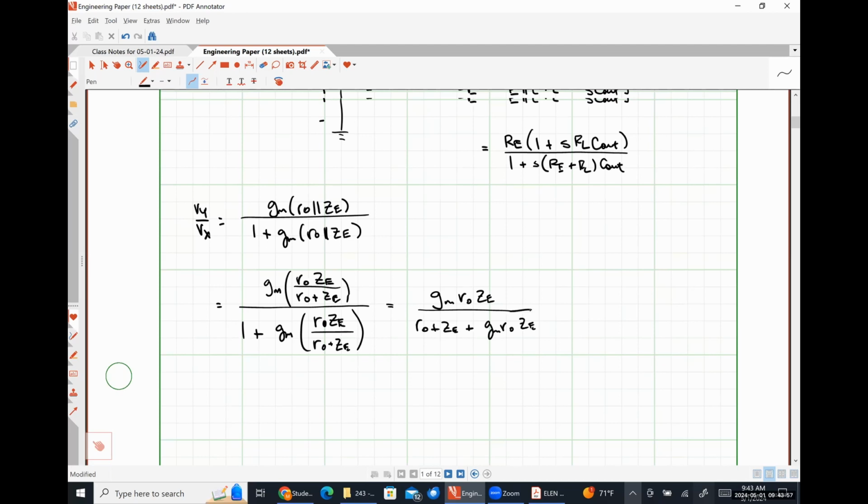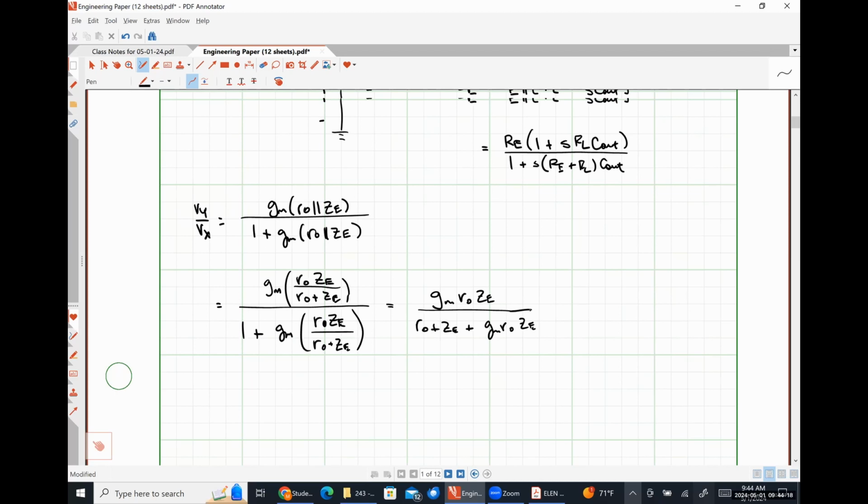So this would literally just be multiplying this one by R naught plus ZE over R naught plus ZE, canceling out the common denominator of everything, and then lumping stuff together, right? No huge amount of algebra going on there to get from this step to the subsequent step.